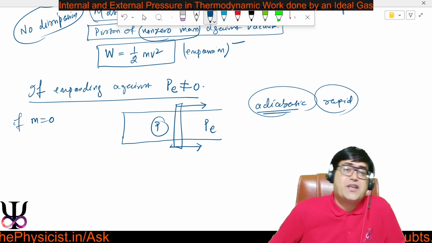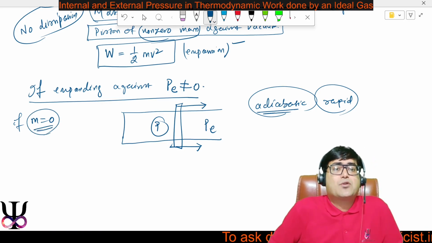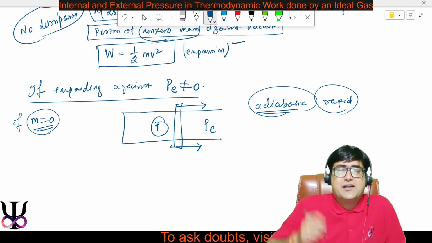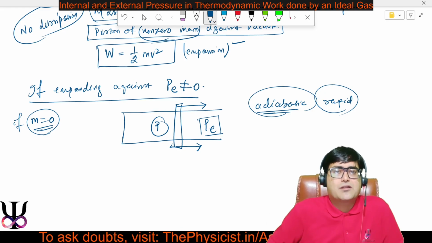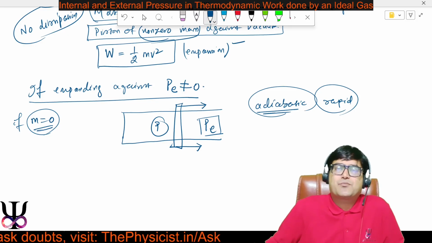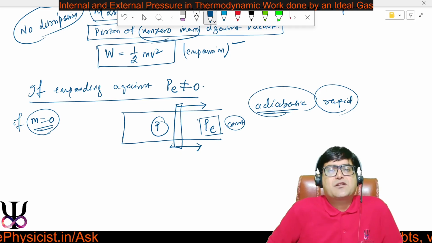Simple, same thing. If the mass of the piston is equal to zero, understand what happens to the external pressure here. Let's suppose the external pressure is constant.